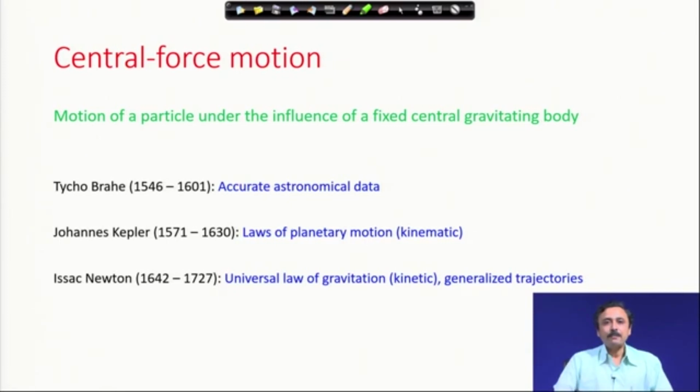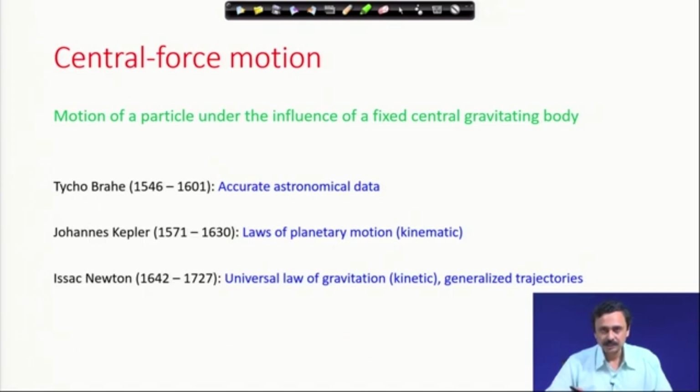Therefore, now it came into the realm of kinetics and you can do calculations and possibly you can also predict paths which are not normally observable, like hyperbolic or parabolic paths. They are very difficult to observe. Now, that can be done from Newton's laws of motion and Newton's law of gravitation. So, you can generalize trajectories, now you can study dynamics of satellites, etc.